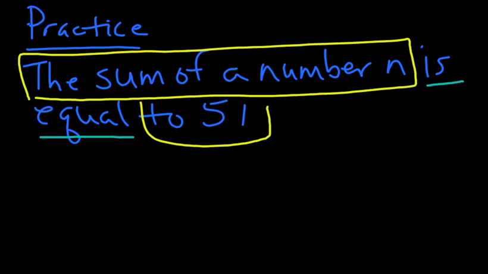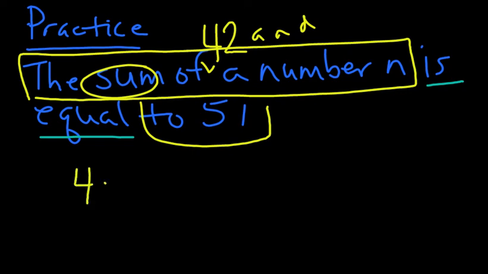Wait a minute. Okay, I left part of it out. The sum of 42 and a number. That's supposed to be right there. The sum of 42 and a number, what does sum mean? Sum means add.